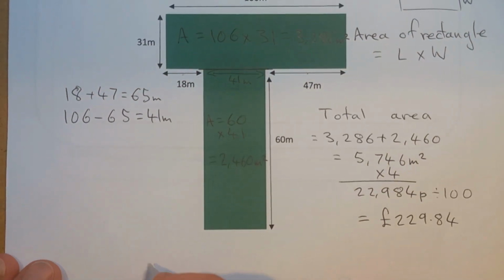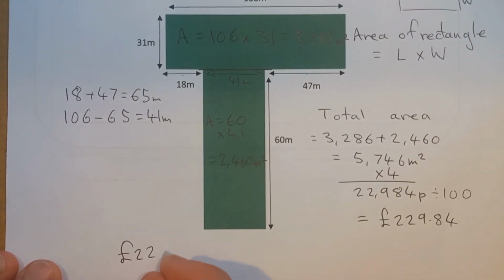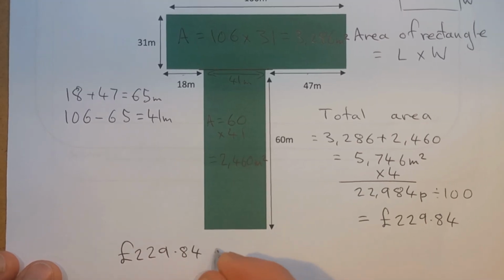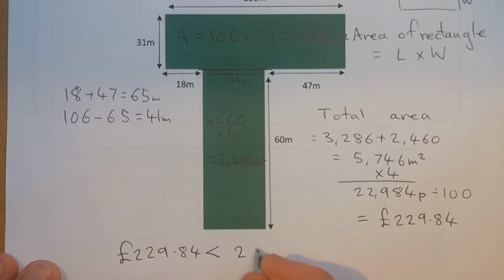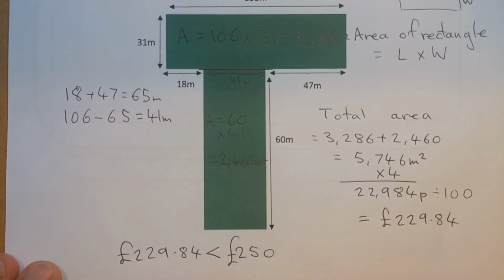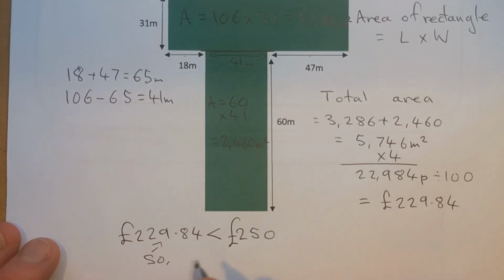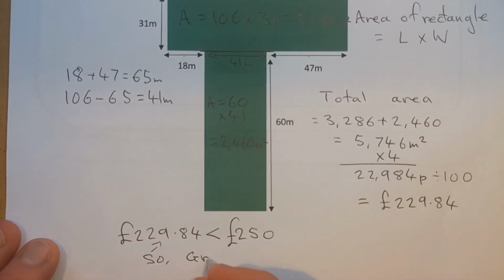Well, we can say that £229.84 is less than £250, which was the price of the other company. So this was the second company, which was Green Gardens.